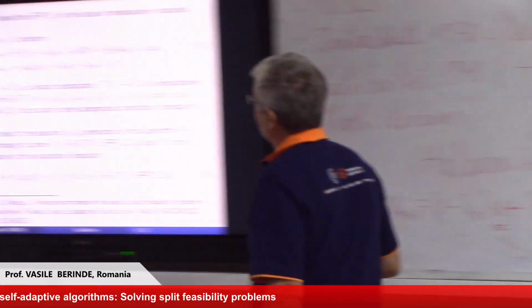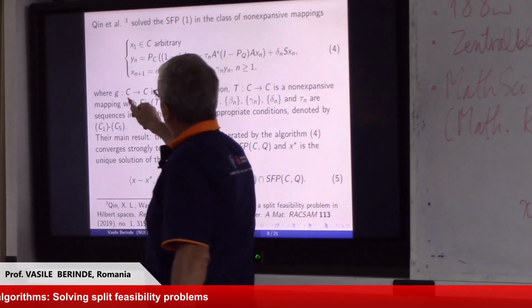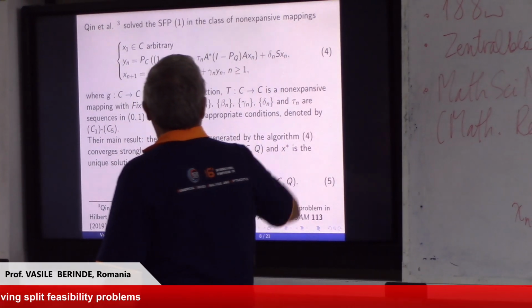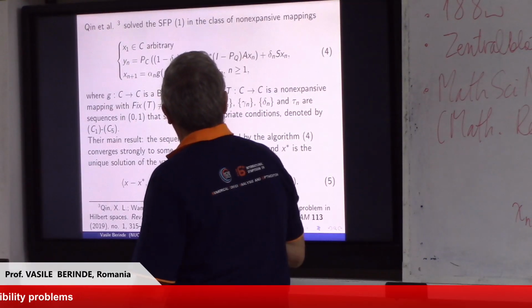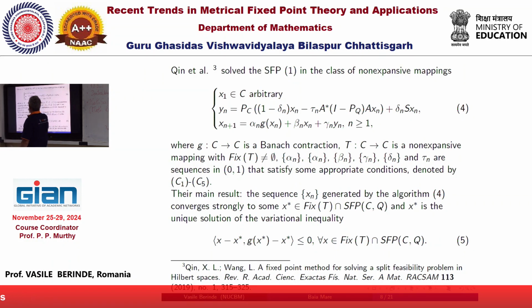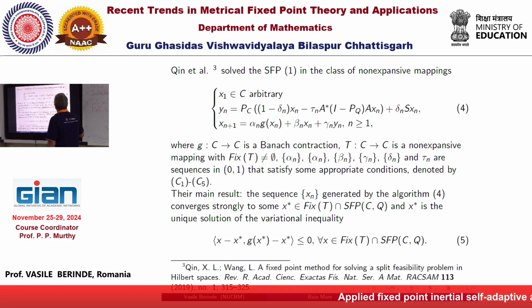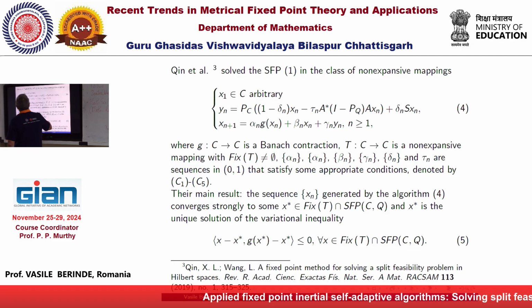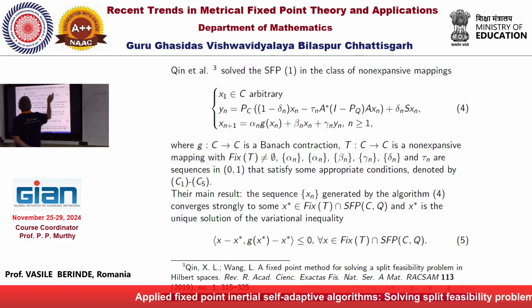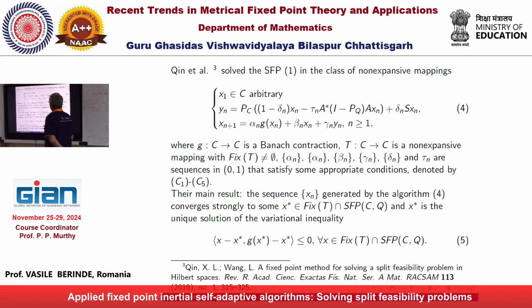You can see that G is a Banach contraction, T is the central operator, here non-expansive with the set of fixed points non-empty, and alpha n, beta n, gamma n, delta n, and theta n are some sequences which are involved here in the construction of this algorithm.